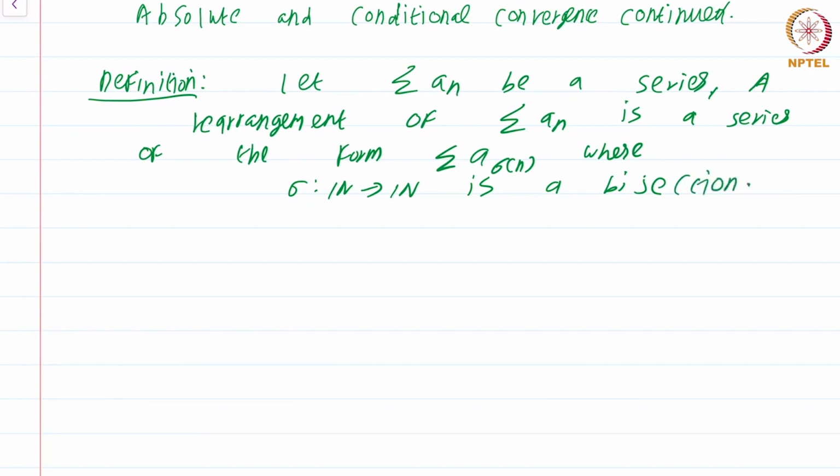So this is capturing in a very rigorous way what it means to permute or rearrange the elements of a series. In the last module, we saw that if you rearrange the terms of a conditionally convergent series, all sorts of weird things can happen.